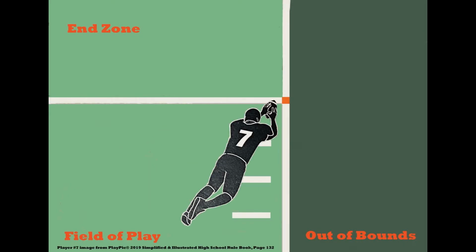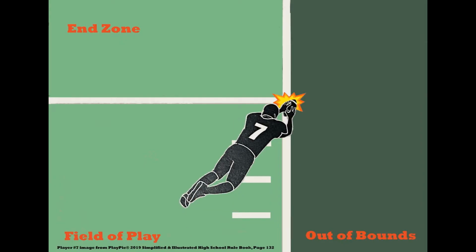This illustration shows a player who is a runner and is diving toward the goal line. You can see that the ball breaks that goal line plane inside of the pylon, so this would be a score. Now, let's take this same runner who has gone airborne and diving toward the goal line and say that the ball hits the pylon.